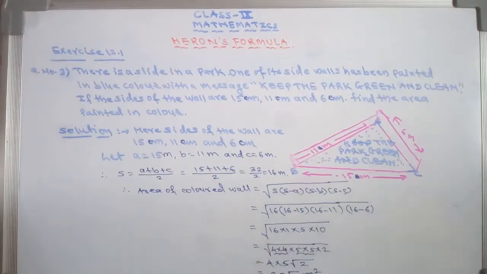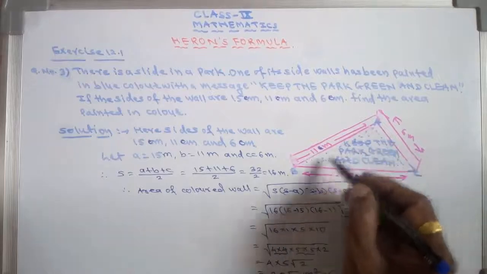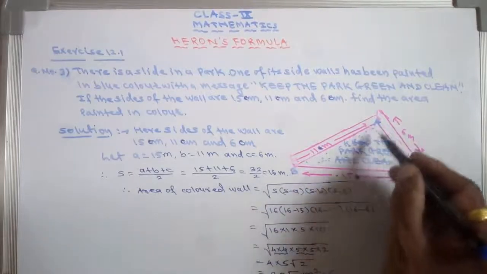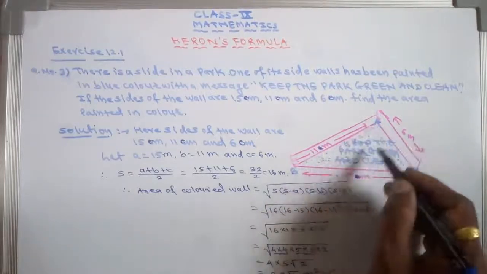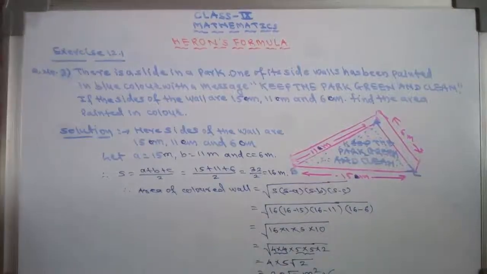In this way, factorize this number so that we can take the number outside the square root easily. So here 20 root 2 square meter is the area of this colored wall, which is colored in blue color. Okay, thank you.